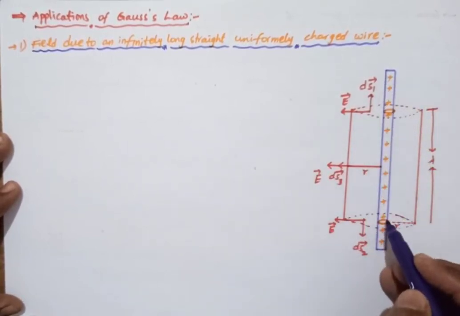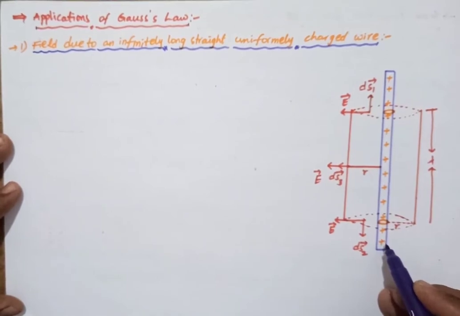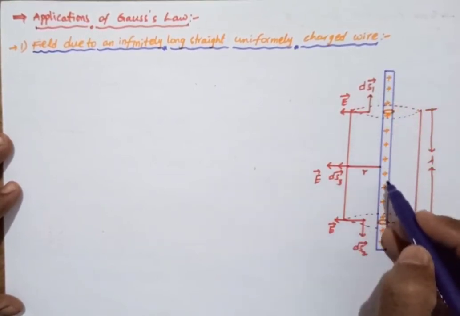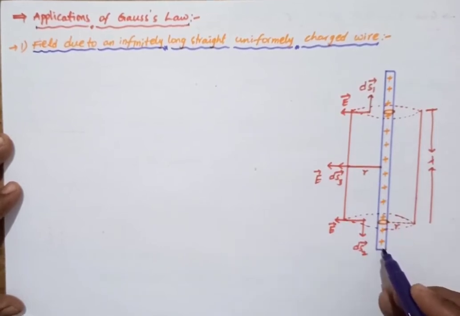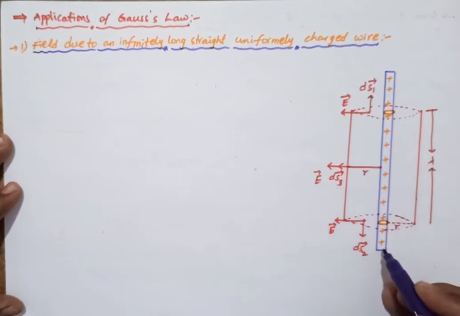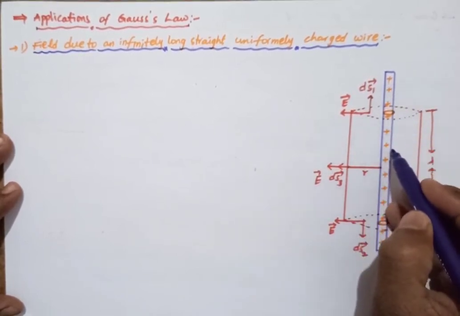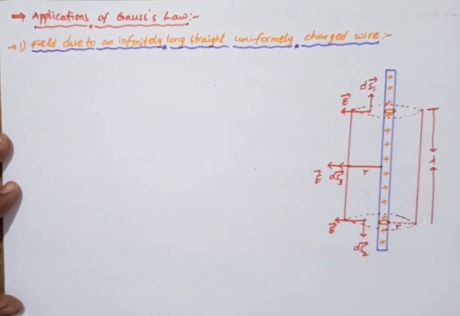We consider here an infinitely long, very long, straight uniformly charged wire. So the charges are uniformly distributed here. The charge is Q here.